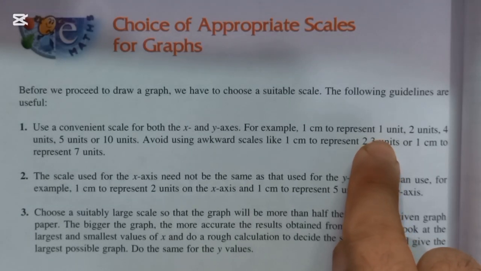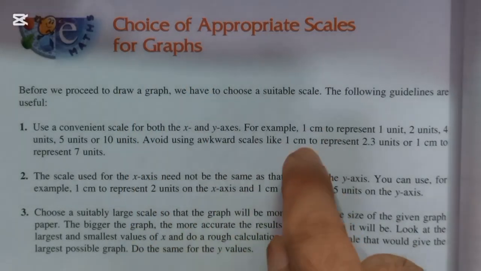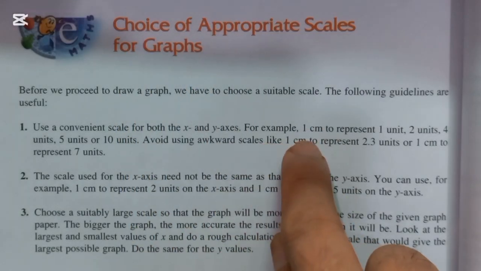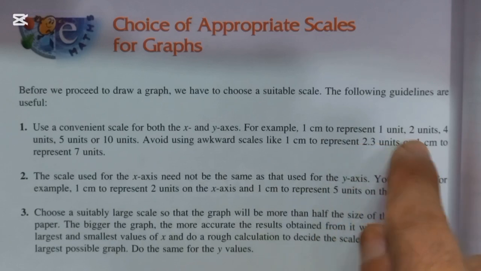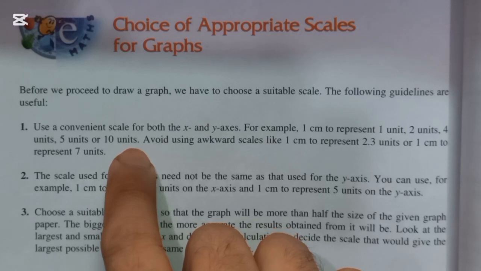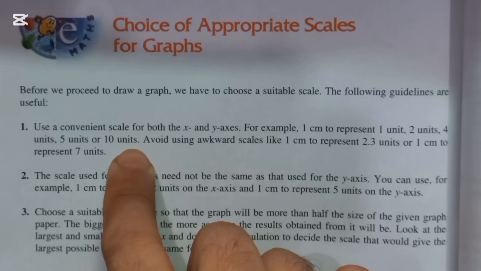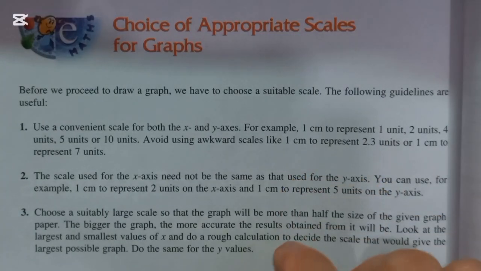Another thing for you is that 1 unit is actually one big box on the graph paper. For example, 1 centimeter to represent 1 unit, 2 units, 4 units, 5 units or 10 units. It will depend on the situation, on the question, what kind of question we are going to handle. So we will choose the scale according to convenience.